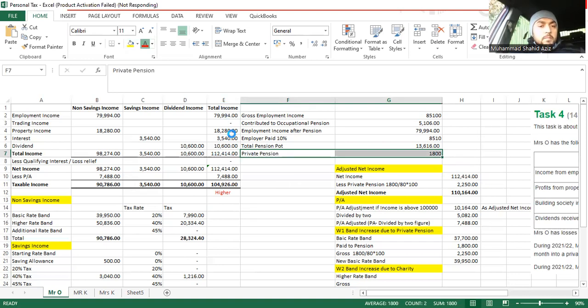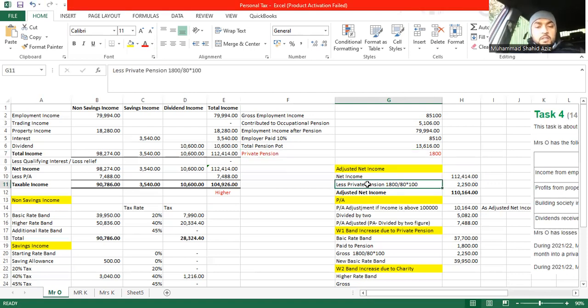So total income, if we add employment income, property income, interest, and dividend, is equal to 112,414. That's why I said here net income is 112,414 less private pension. Because the private pension is a net £1,800, we need to convert it into gross. So 1,800 divided by 80 multiplied by 100 becomes 2,250.